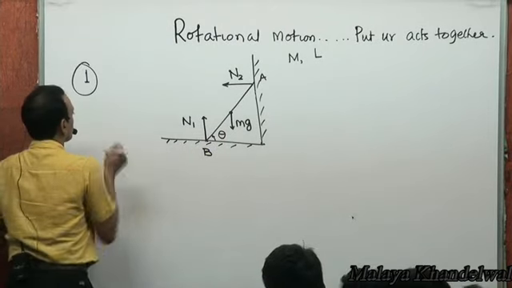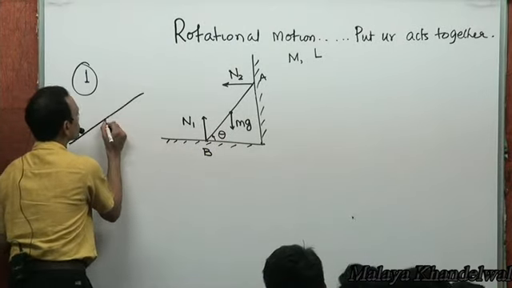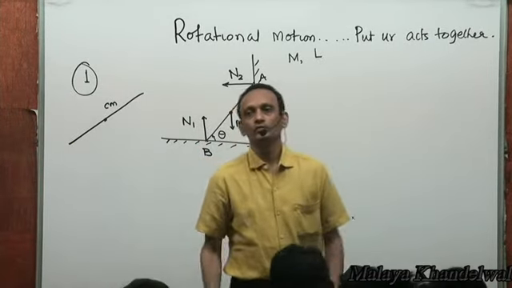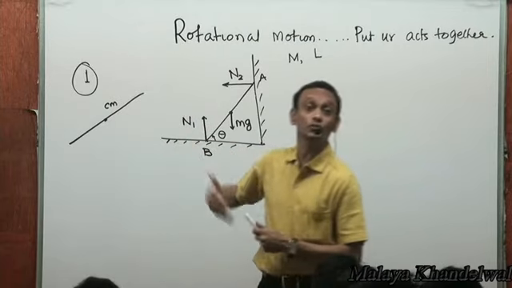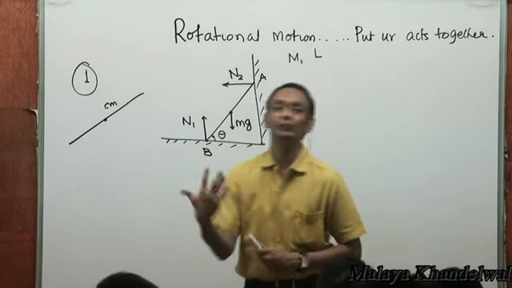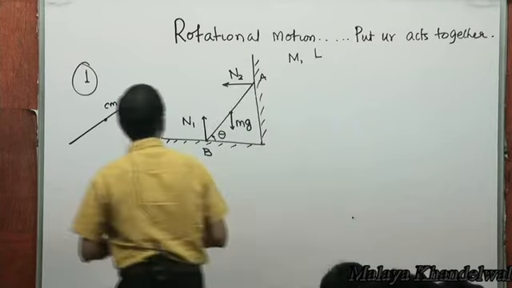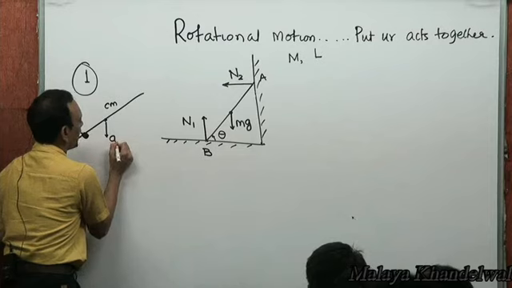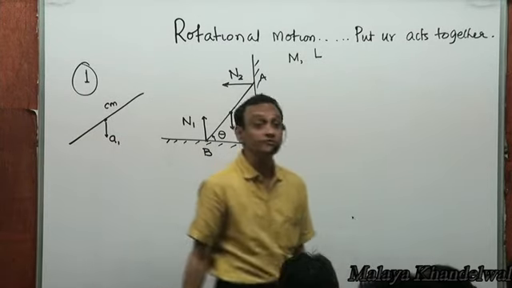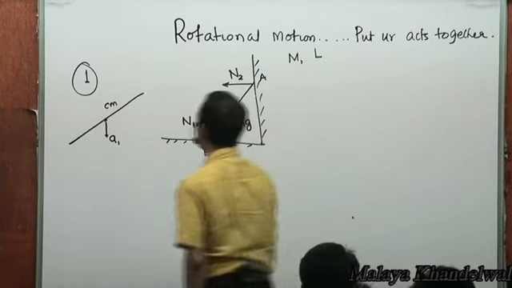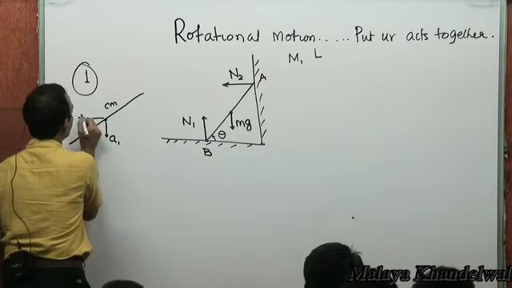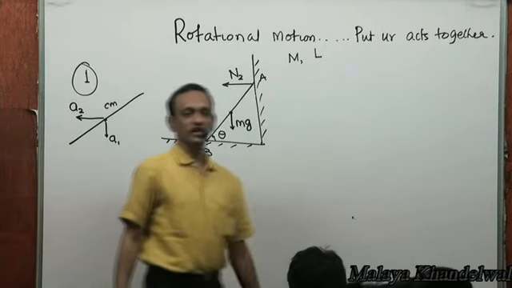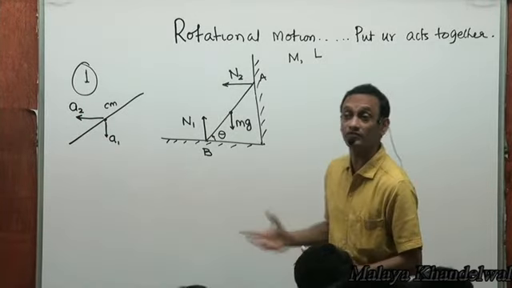Now, the impact of these forces, in as far as translation is concerned, is available at the center of mass. The motion of the center of mass will tell you the impact of these forces. The center of mass, say, has an acceleration a1 downwards because of vertical forces, and an acceleration a2 leftwards because of all horizontal forces.